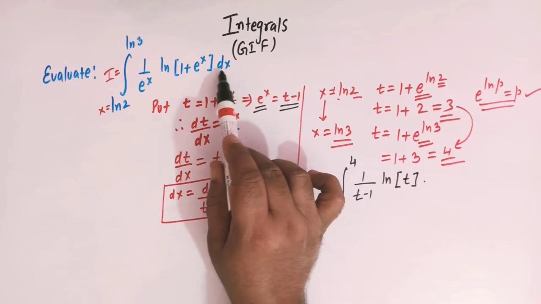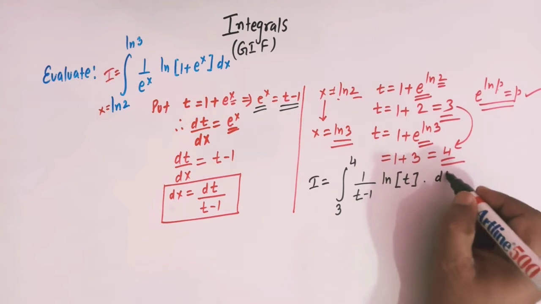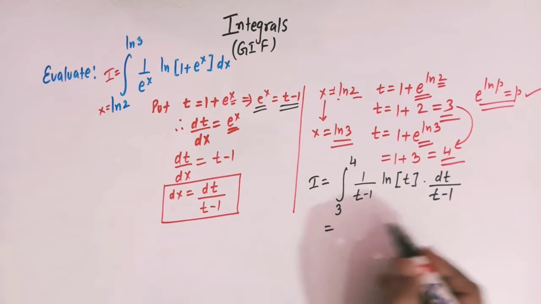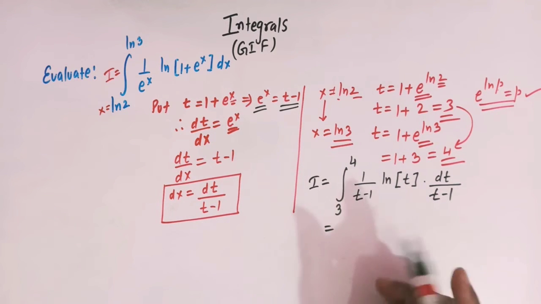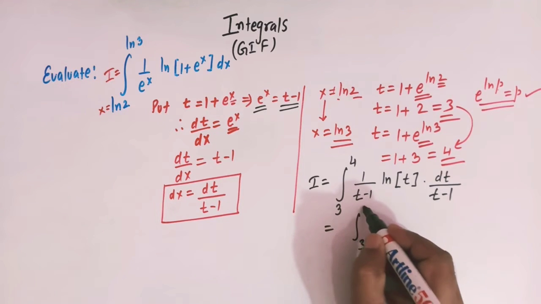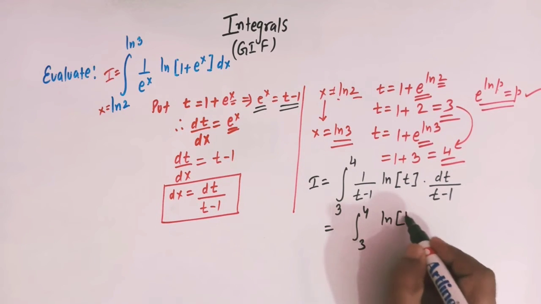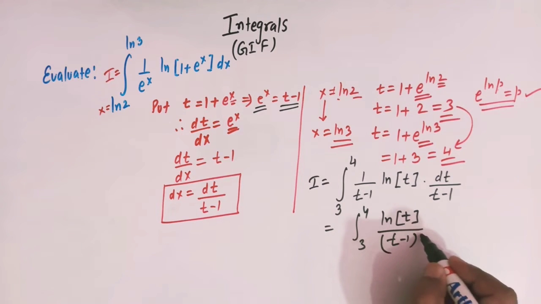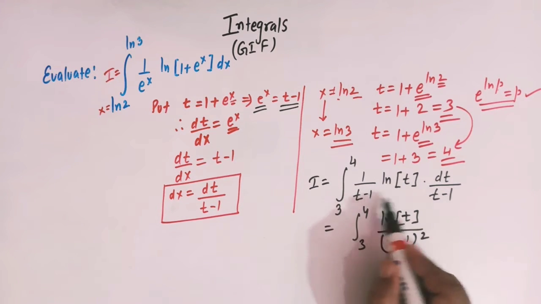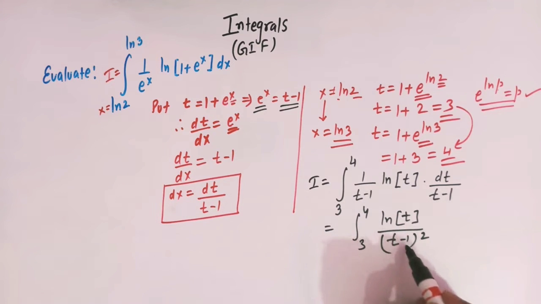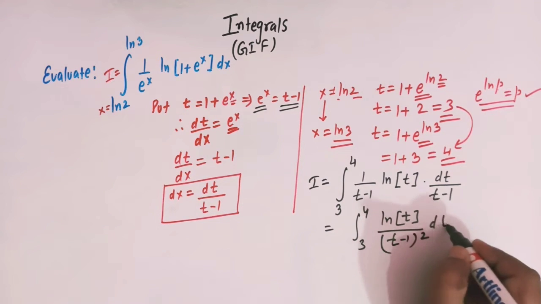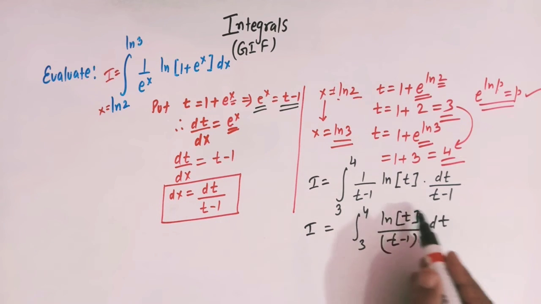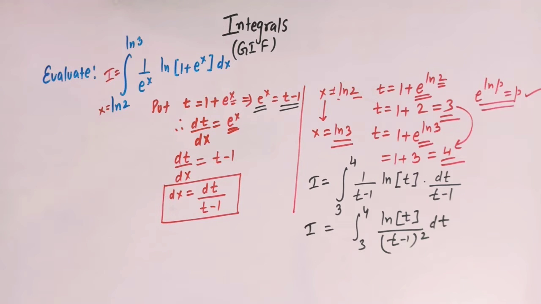And for dx we write dt over t minus 1. Simplifying, we have the integral from 3 to 4 of the log of the greatest integer of t divided by t minus 1 whole square, dt, since we multiply the two factors to get t minus 1 square. Now we have to evaluate this integral.